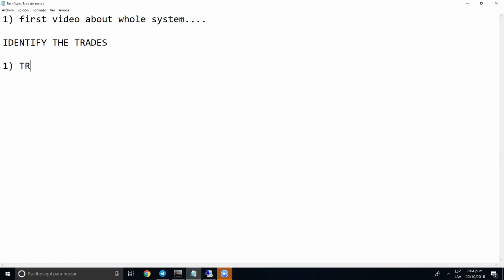First, trades with the trend, and two, trades against the trend. We have to be very clear about this, to know what we are looking for and what we are doing.